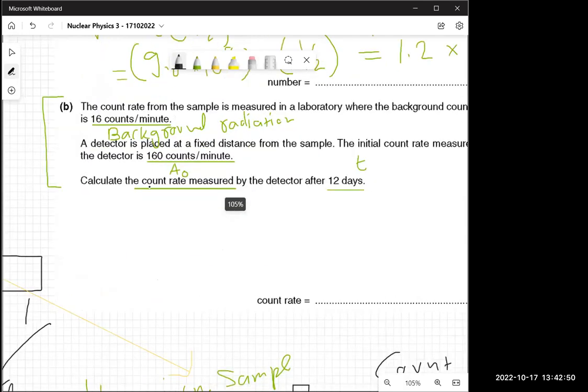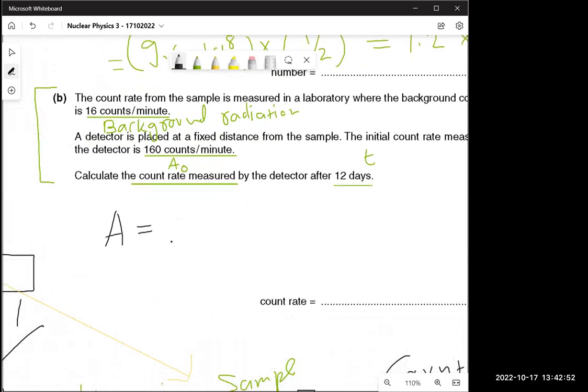So let's use the equation again. Let's write it down. The activity A is equal to the original activity A naught into half to the power T divided by T half.